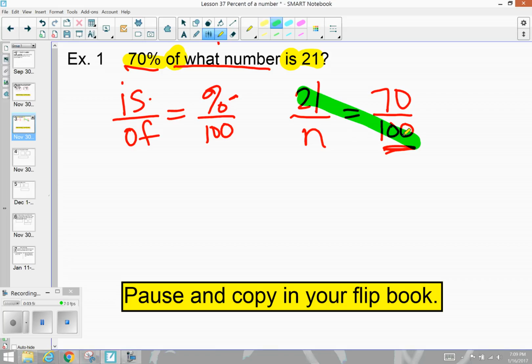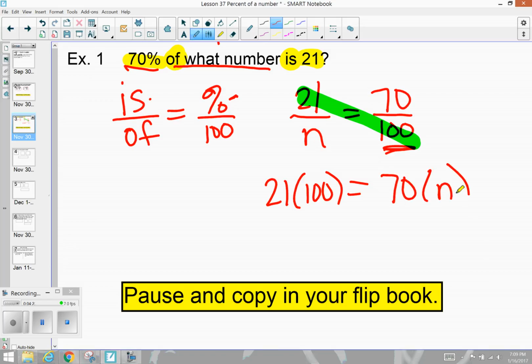All right, well, when we're solving proportions, if you remember, the easiest way, the fastest way, is always to multiply your opposite numbers. All right, so on your calculator, you're going to multiply 21 times 100. If we're going to multiply 21 times 100, and it's equal to the opposite, which is 70 times n. So this is going to be 2100 is equal to 70n, and we're going to divide by 70.